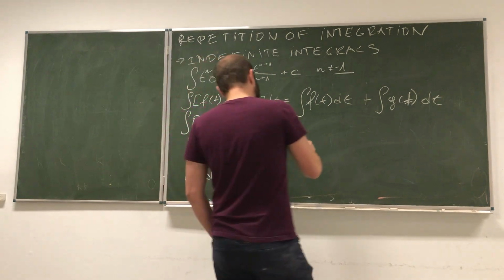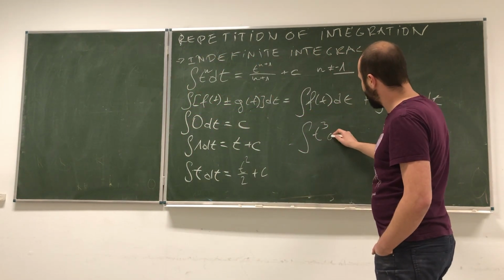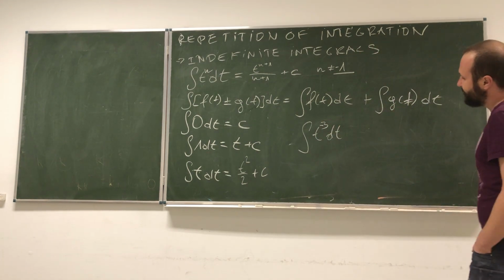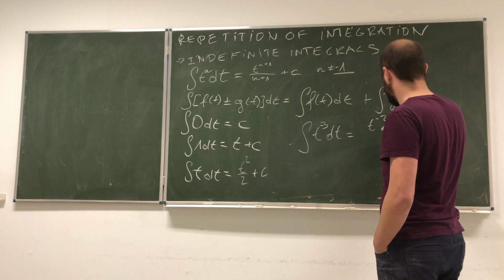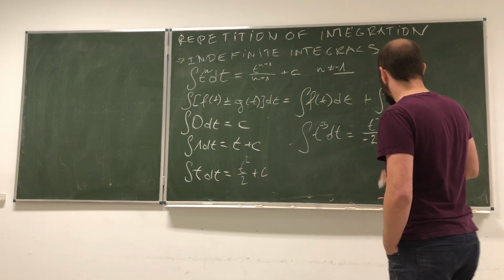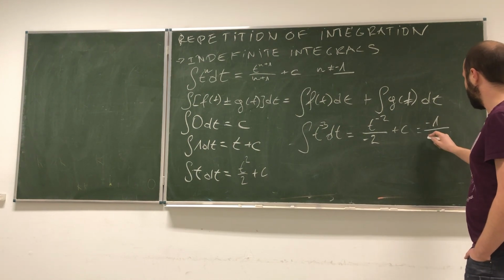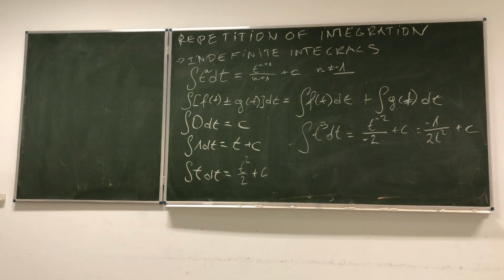Okay, then we've got an integral of t to the power of negative 3 dt would be t to the power of negative 2 over negative 2 plus c, or negative 1 over 2t squared plus c.